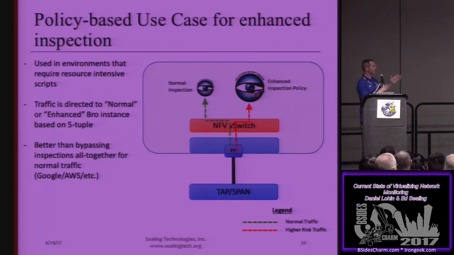But with things like NFV and vSwitches, you can switch your traffic around internally based on any of the N-tuple. So based on the source, the destination, the port, the protocol, all these different metrics can define how your traffic passes, all within this virtual context. Again, if you've got a ton of traffic going to Google or Netflix or whatever, and you don't want the Netflix traffic bogging down your IDS, then you can switch it around.